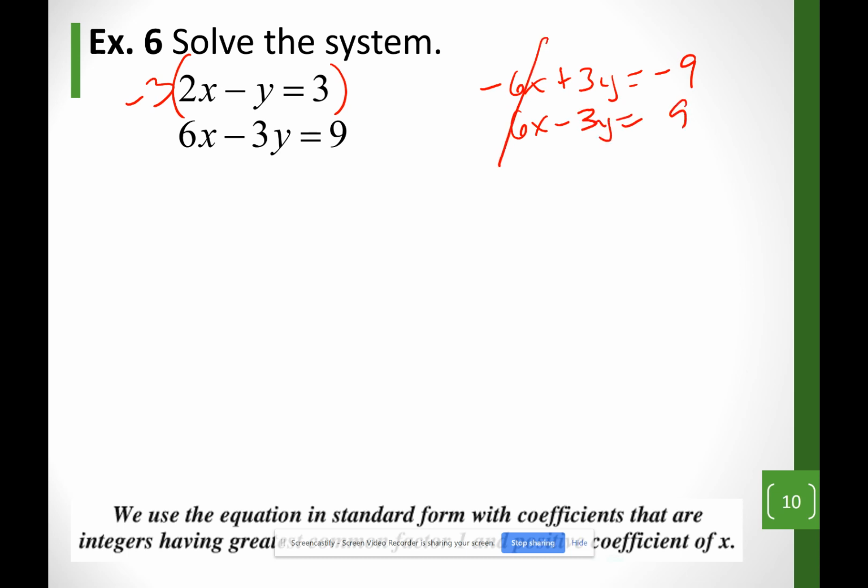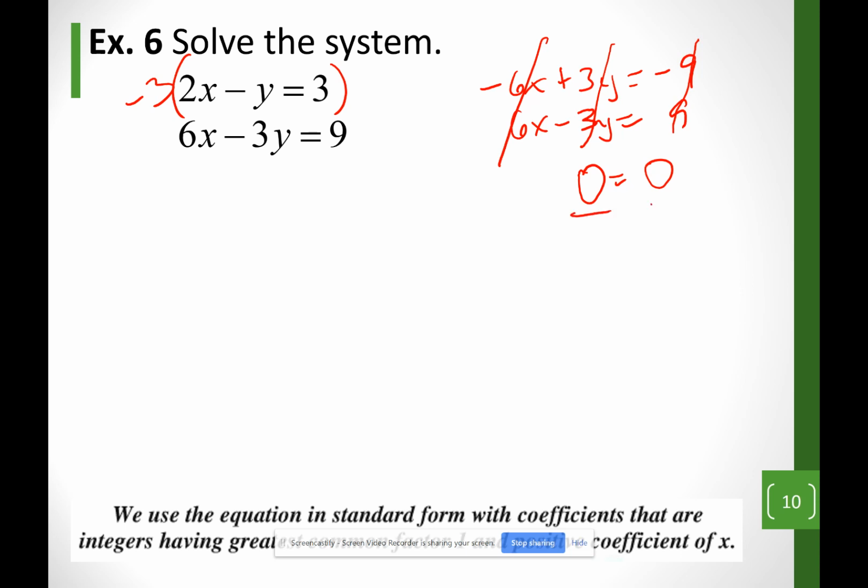Once again, I wanted my x's to cancel out. It seems like the y's also cancel out, so I have nothing on the left. On the right side, -9 plus 9, I also have 0. When I get rid of all my letters, which is the case here, I have a special case.